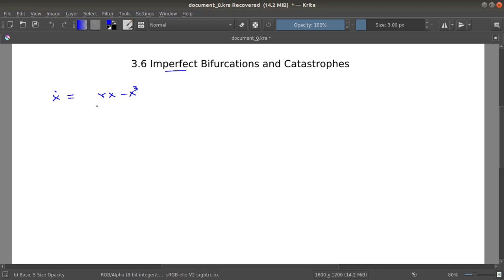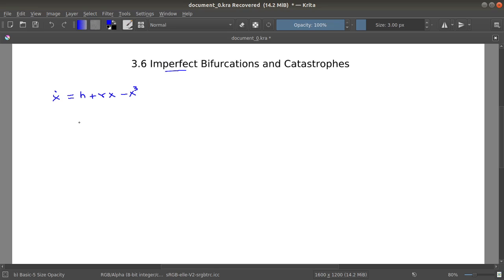In this pitchfork bifurcation, which is particularly a supercritical pitchfork bifurcation, I am going to introduce a small parameter to turn the perfectly symmetric system into an asymmetric one. The symmetry will be broken by introducing this parameter, which I'm going to denote as h, known as the imperfection parameter.